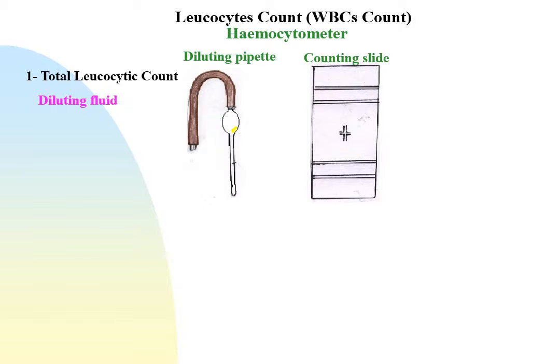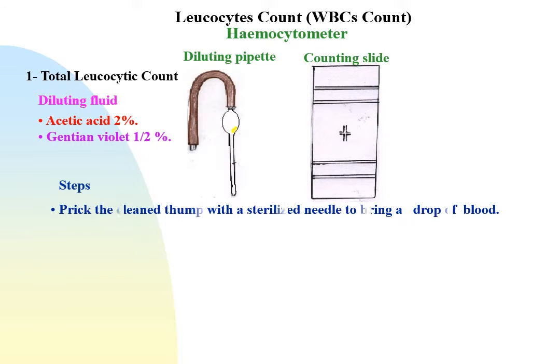In total leukocytic count, a special diluting fluid is used, which is formed of equal volumes of 2% acetic acid to destroy RBCs and 0.5% gentian violet to stain the nuclei of leukocytes. Steps: prick the cleaned lump with a sterilized needle to bring a drop of blood.